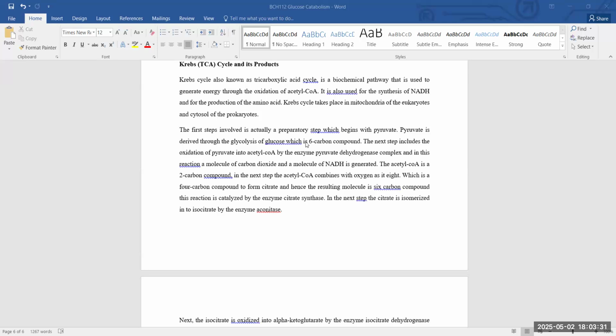But in prokaryotic cell, it happens in the cytoplasm, which means that the Krebs cycle or TCA cycle can occur in both prokaryotic and eukaryotic cells. So don't say I told you that the TCA cycle does not occur in prokaryotic cell. Just like the glycolytic pathway, the TCA cycle also occurs in prokaryotic cells.